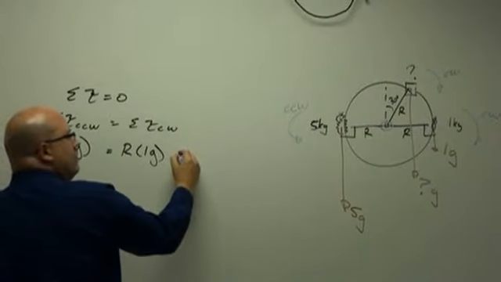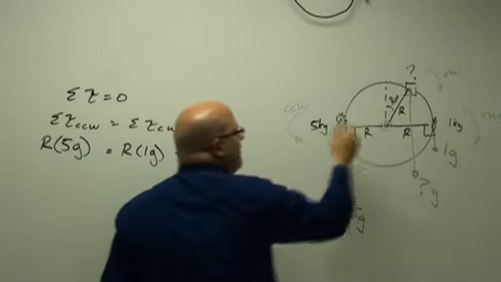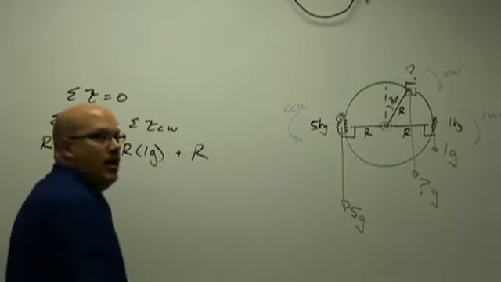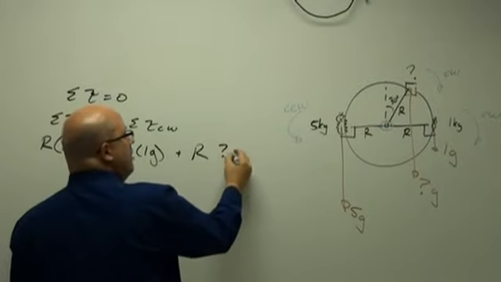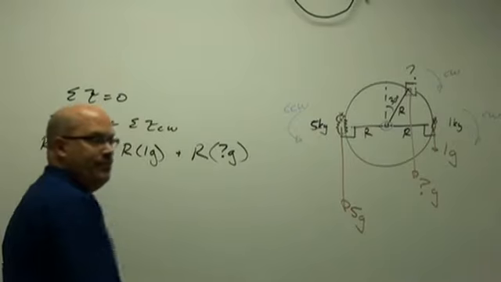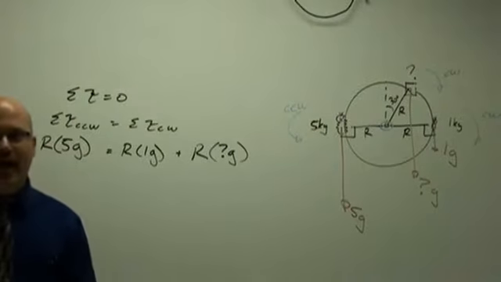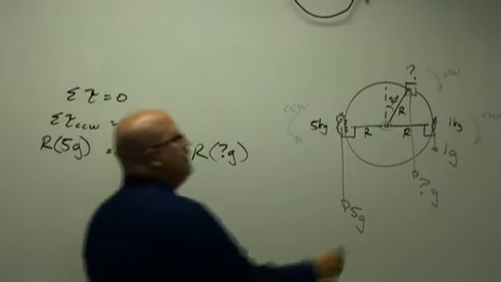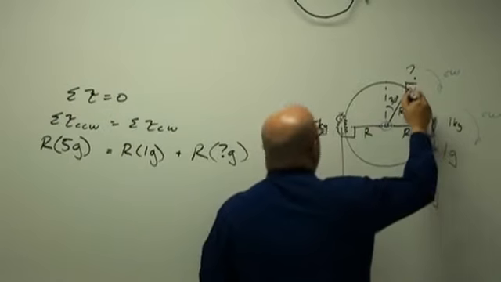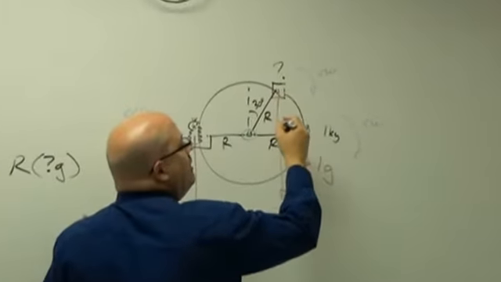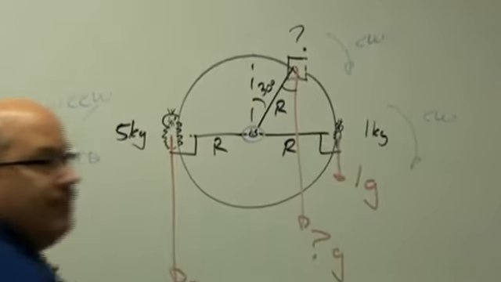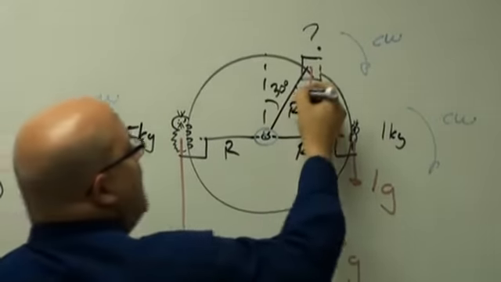Next, we have another one clockwise. It has a radius of R. It has a weight of unknown times G. And we do have an angle to worry about. So, what angle do you want to use? Do you want to use this angle? 30?